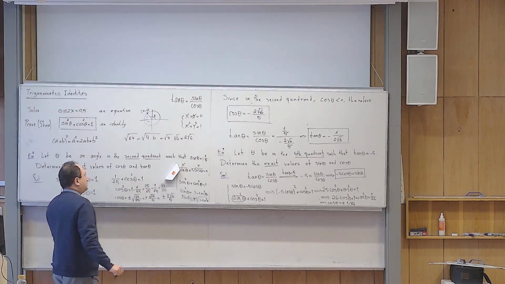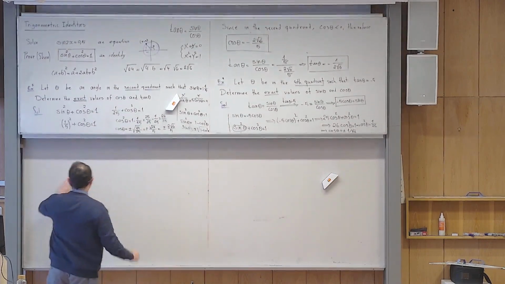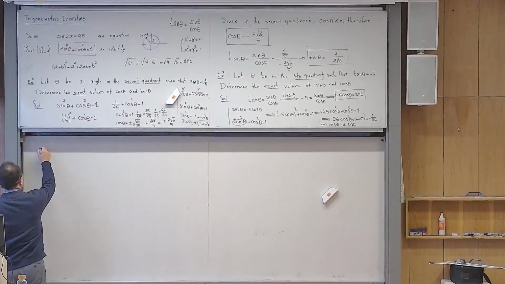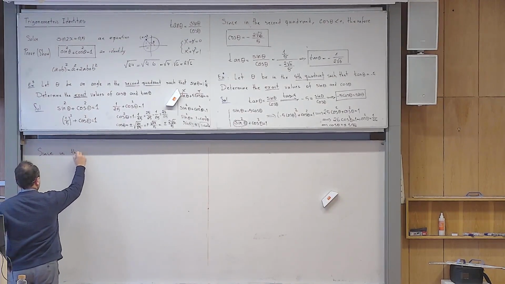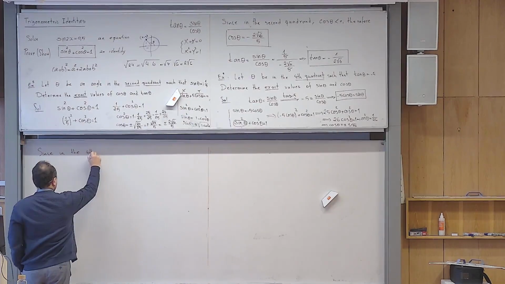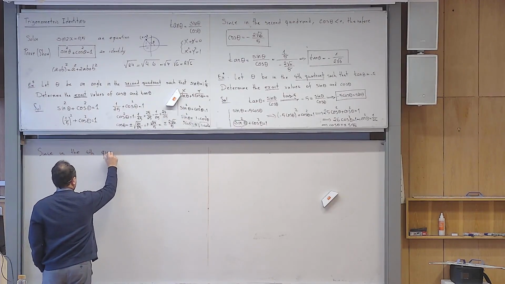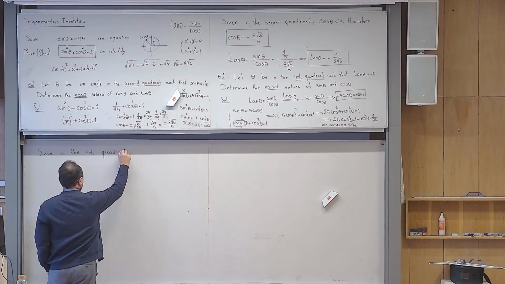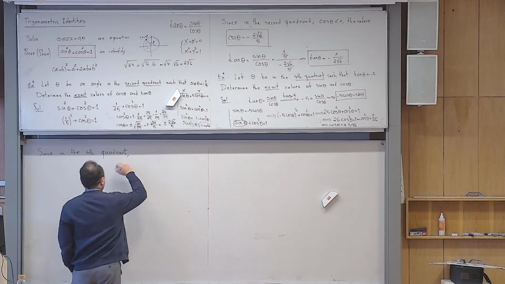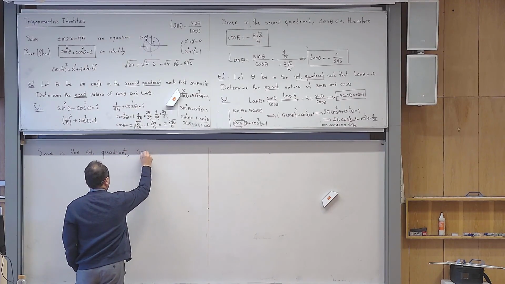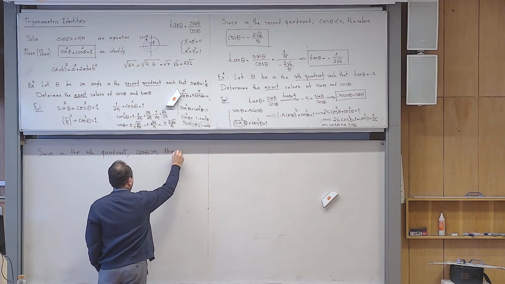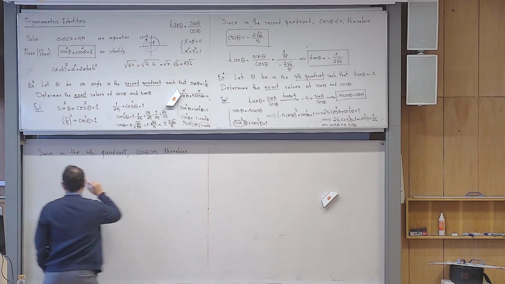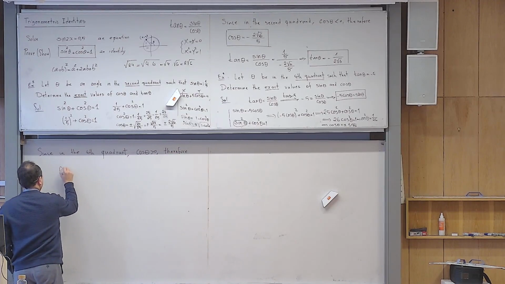So you will say that since in the fourth quadrant cosine theta is positive, therefore, which one do we choose? We choose cosine theta to be the positive one.